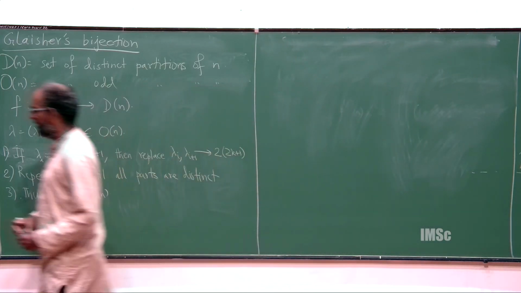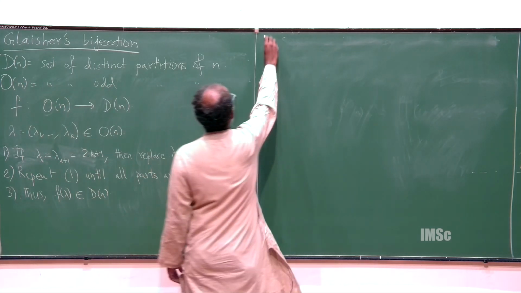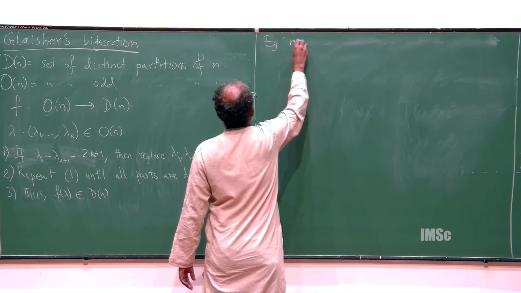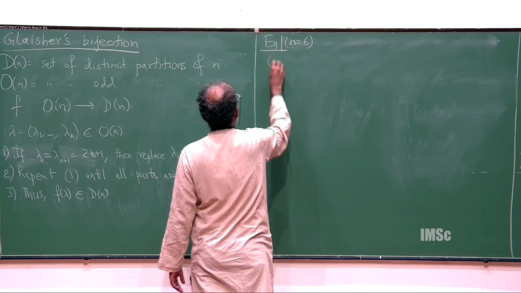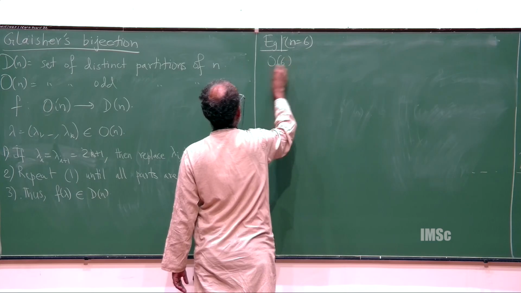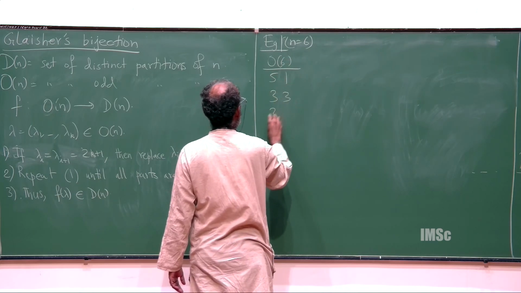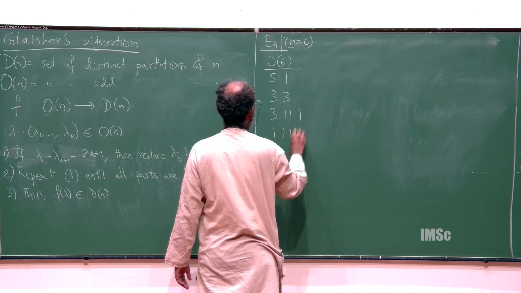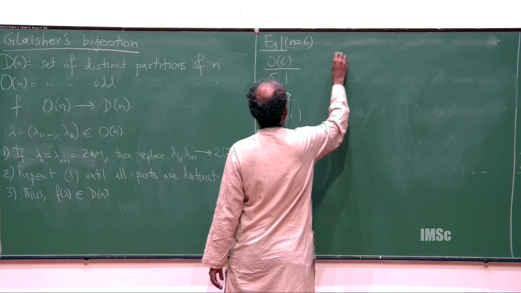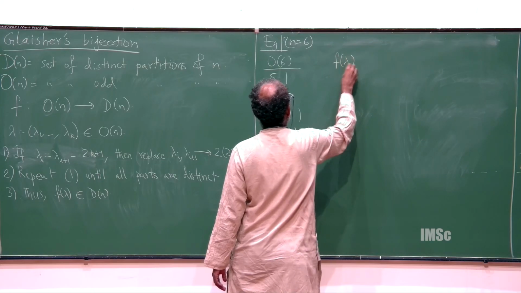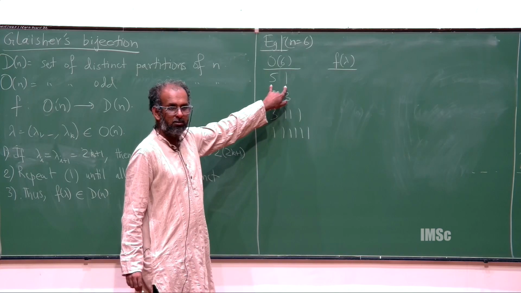So for n equals 6, we have these 4 odd partitions. O of 6: I have 5, 1; 3, 3; 3, 1, 1, 1; and 1, 1, 1, 1, 1, 1. Right? So what is f of lambda? What will it do to 5, 1?